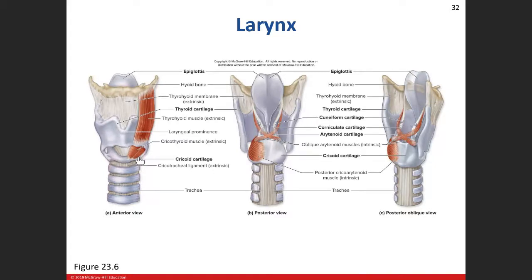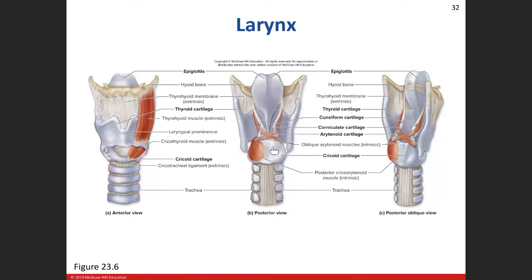Right below the thyroid cartilage is where we see the cricoid cartilage. Our extrinsic muscles are going to be found on the anterior and lateral surfaces, more on the outside or more superficial, on top of the bone and the thyroid cartilage.